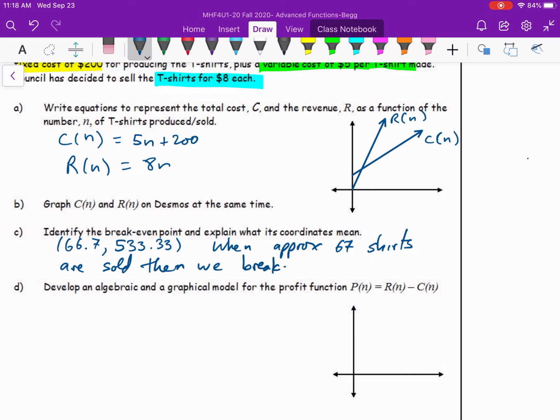In other words, we'll have spent $533 on costs from making the t-shirts, but we'll also have got $533 back in sales if we sell that number. So we'll be back to not having made any money or lost any money. But every t-shirt we sell after that is going to gain us a bit of money.